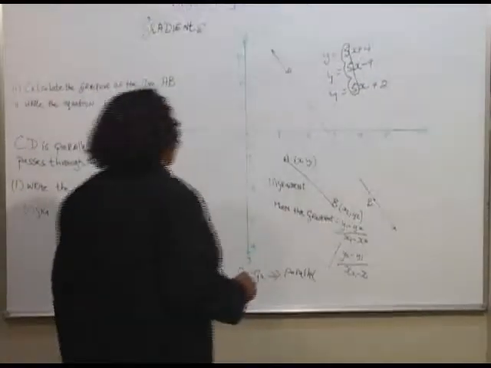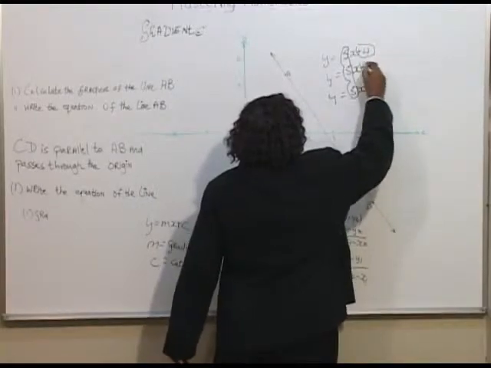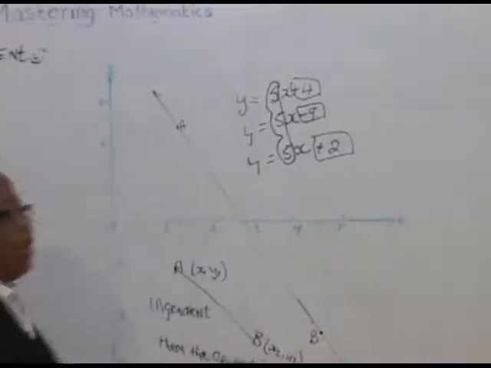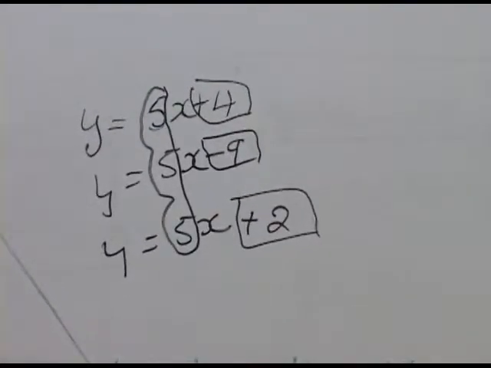The fact that you have +4 and that we have -9 and we have +2 tells us that they will be cutting the y-axis at different spots, different locations, okay?